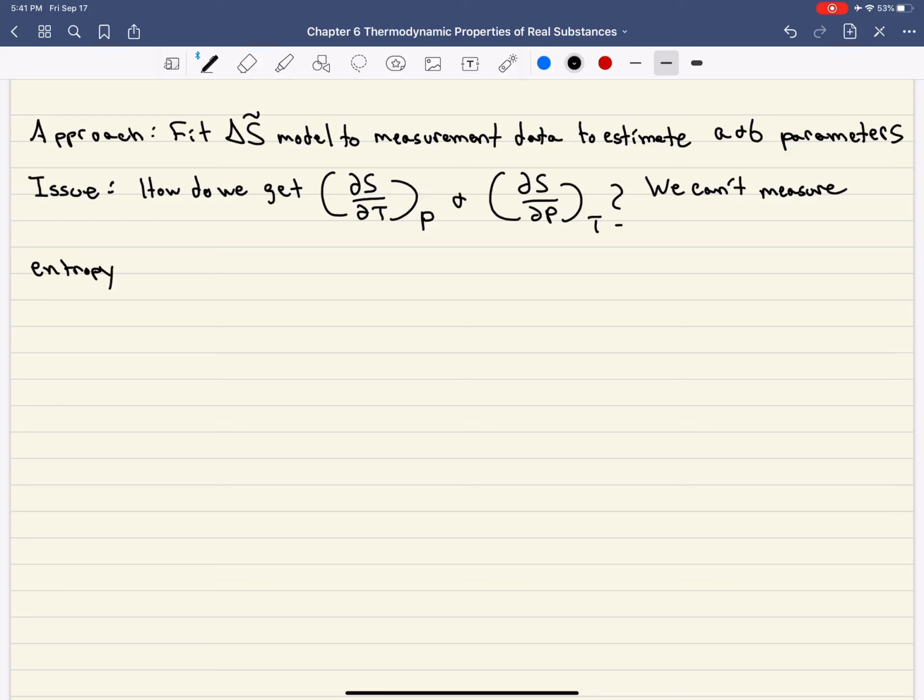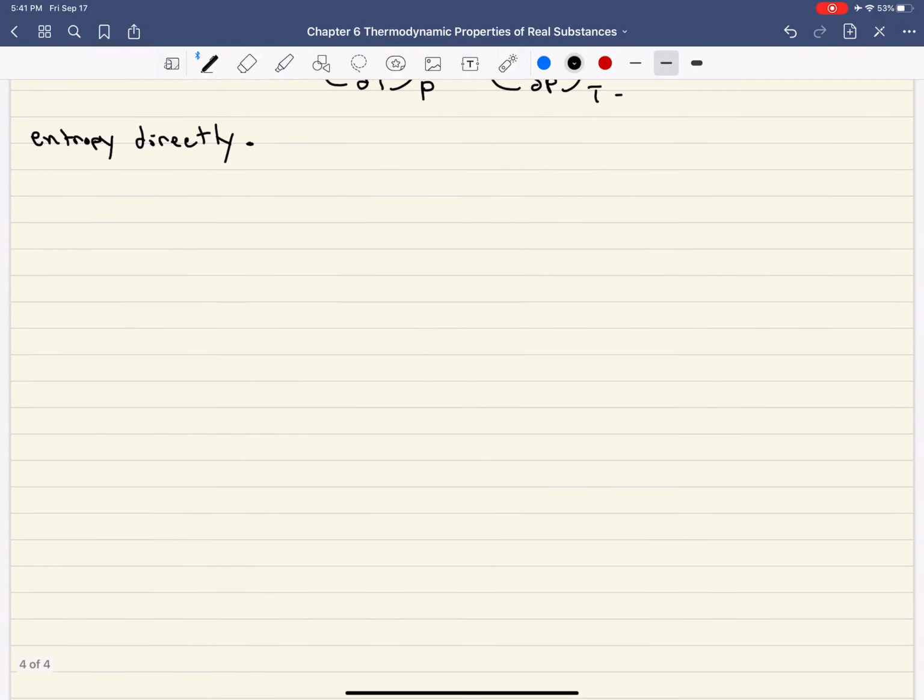All right, we don't have any sort of device or instrument that, if we pointed it at the gas, would just tell us entropy is equal to X. Right? So we can't measure entropy. What we can measure, though, are things like pressure, volume, and temperature. So for things that we can measure, we call these measurables or observables.